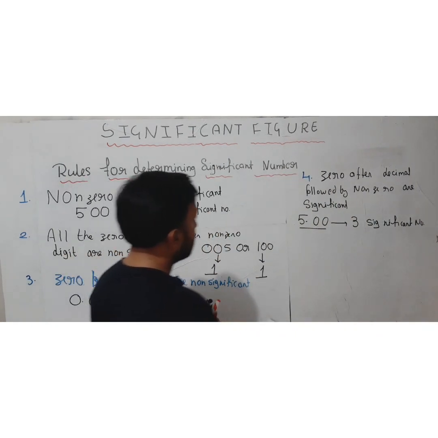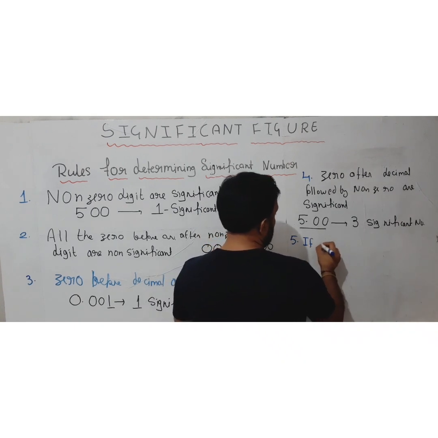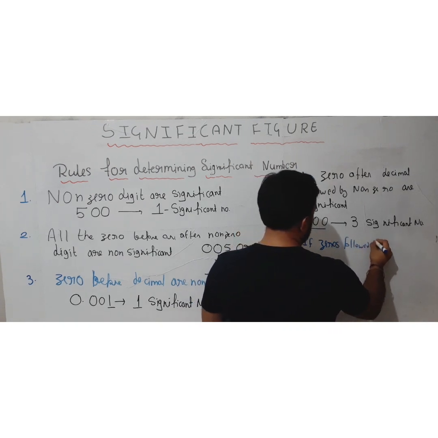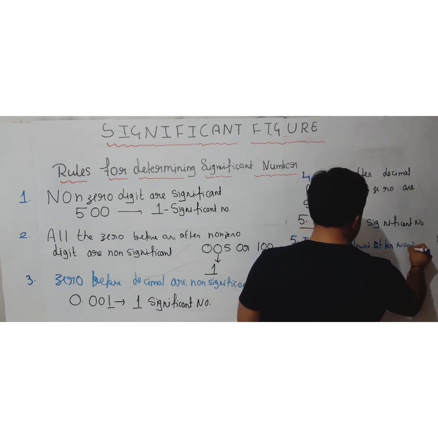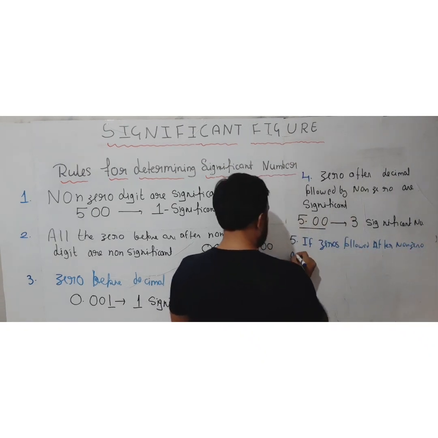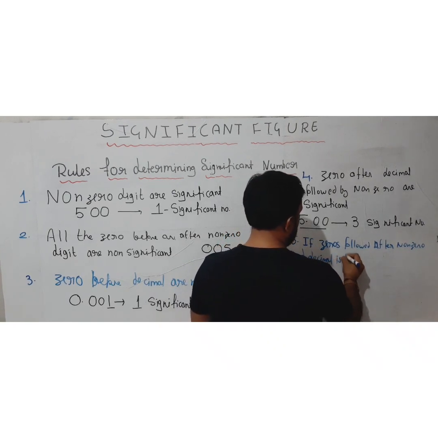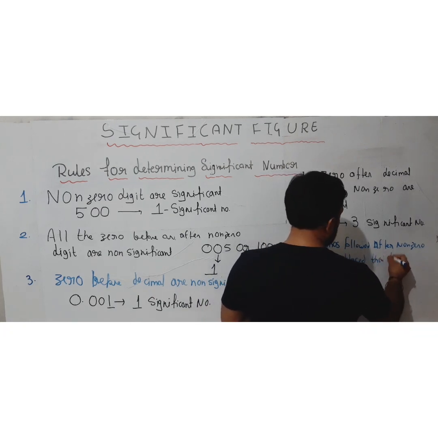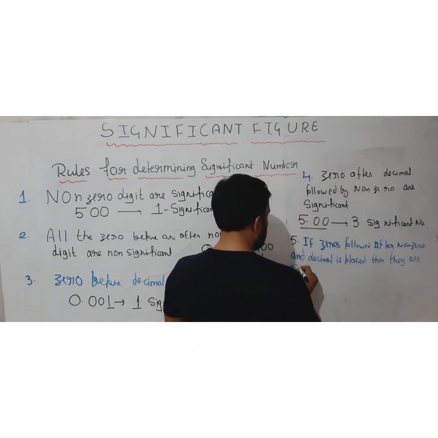One more rule is there. If zeros follow after a non-zero and a decimal is placed, then they are significant.